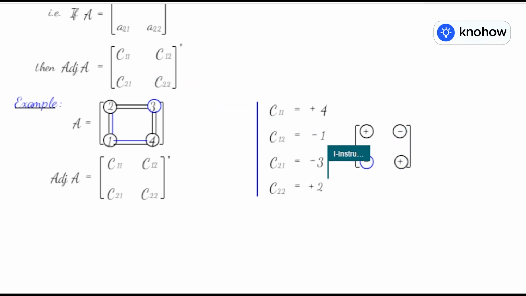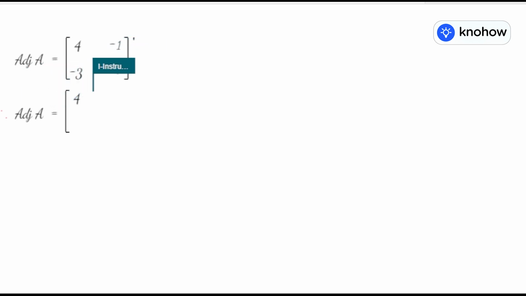If you replace all these, then for the given matrix A, adjoint A will be, never forget the transpose, the transpose of C11, which is 4, C12, negative 1, C21, negative 3, and C22, which is 2. Taking the transpose, the elements of the first row go to the first column, so it will be 4, negative 1, and negative 3, 2 goes to the second column.